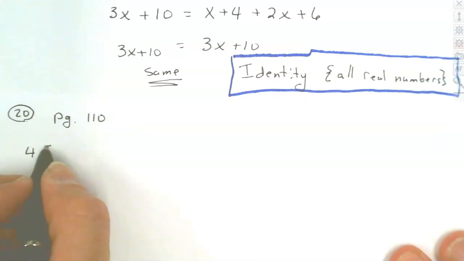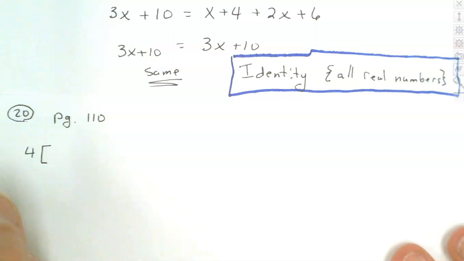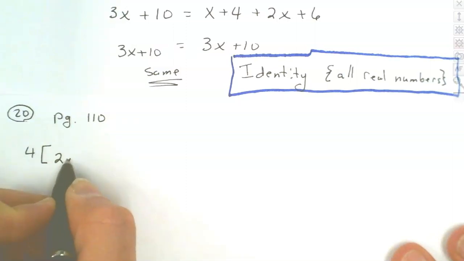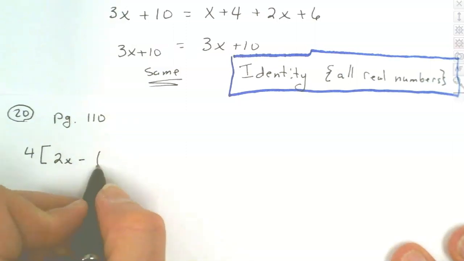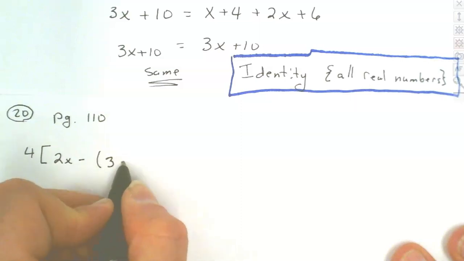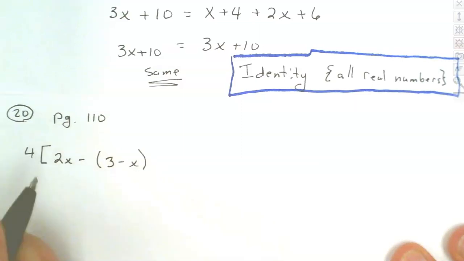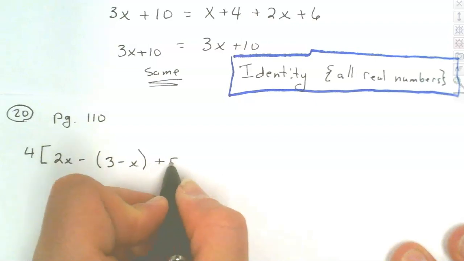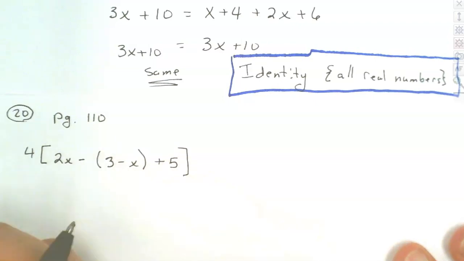And we have square brackets. Now, square brackets are used when we already have parentheses being used, because it gets too confusing if we use multiple sets of parentheses.